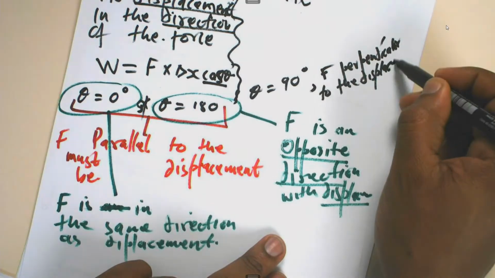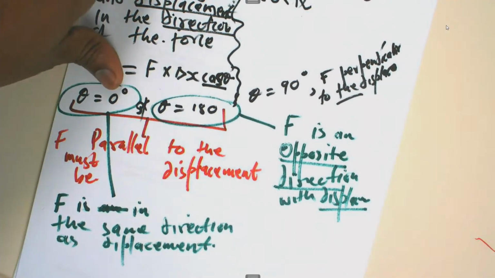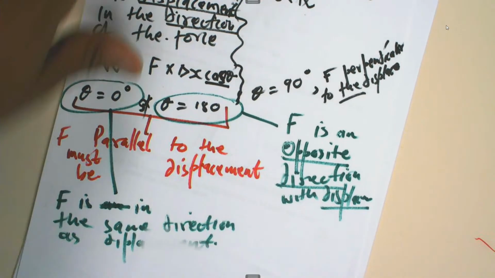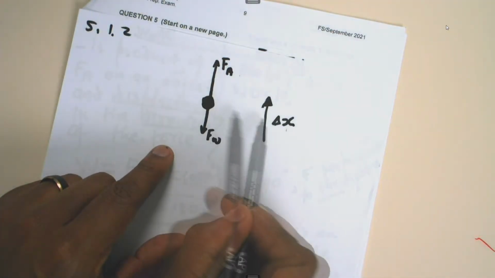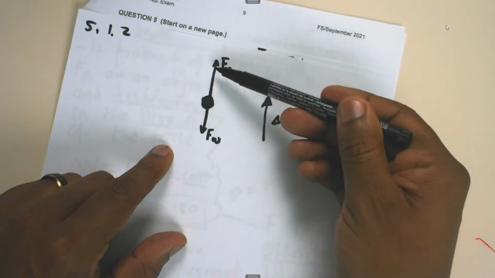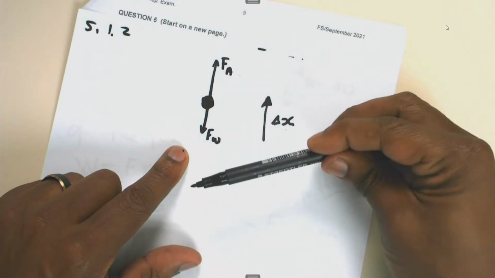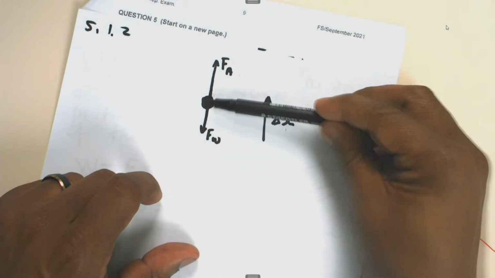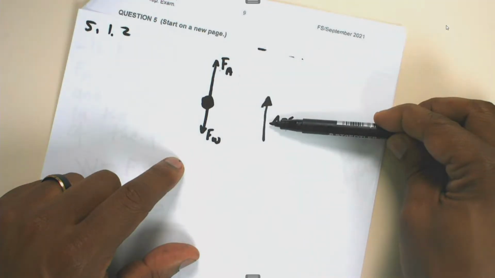Once we have that, then we can use theta equals 90. So in this case, we don't have a force that is perpendicular to the displacement. So I am only looking at 0 and 180. So remember 0, the force is in the same direction as the displacement.